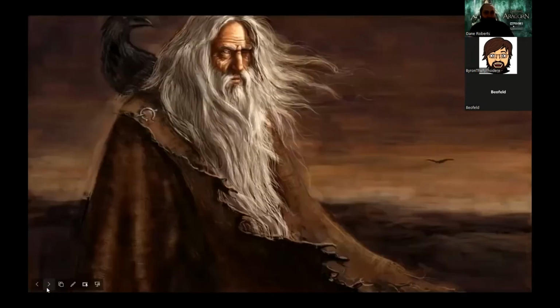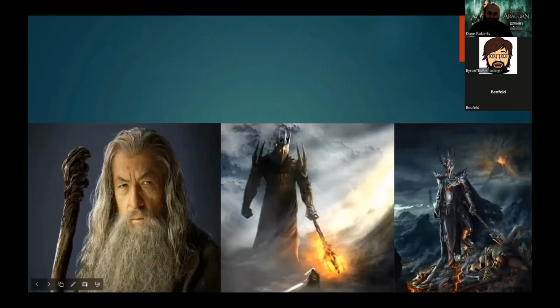And then here we come to Odin. Who did Tolkien use Odin to create? A few actually. So the most obvious is Gandalf.